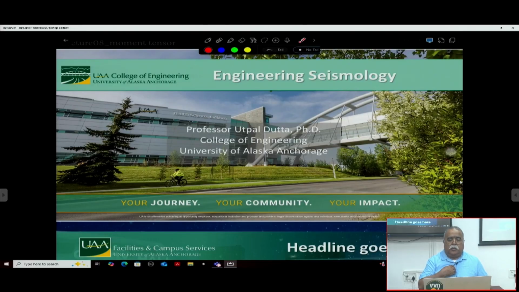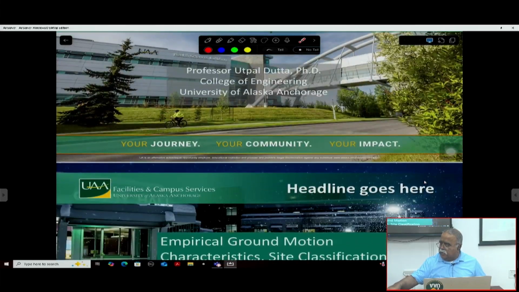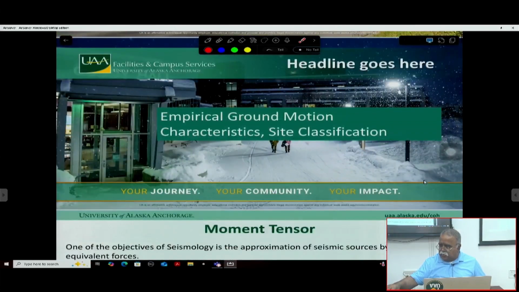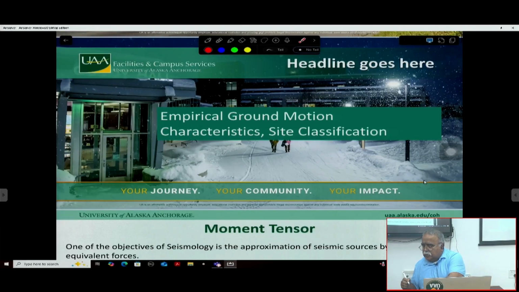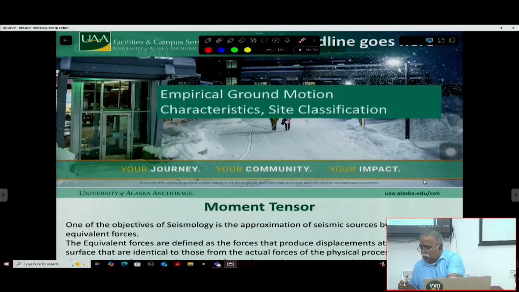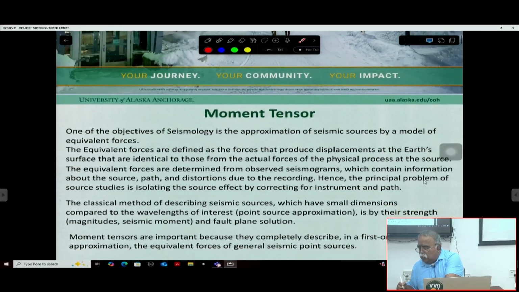So let's see what we will do today: basically the source type of analysis, seismic source characterization, using the recorded data.